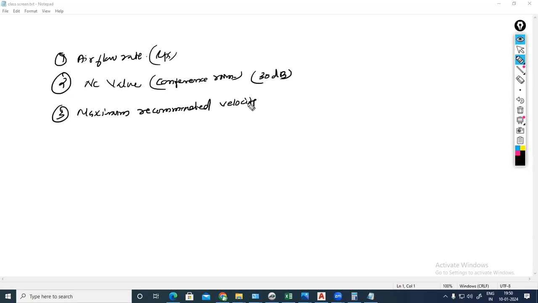The velocity should not increase there. Maximum recommended velocity, we found that from the table, whether that is carrier standard or ASHRAE standard, that is 6 meters. So we got all the three. Airflow rate we know, NC value 30 decibel, maximum recommended delivery velocity is also 6 meter per second.